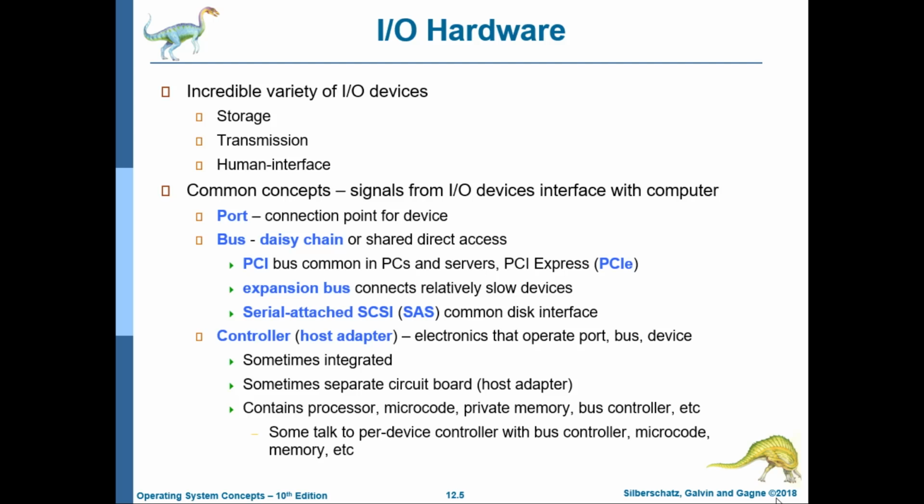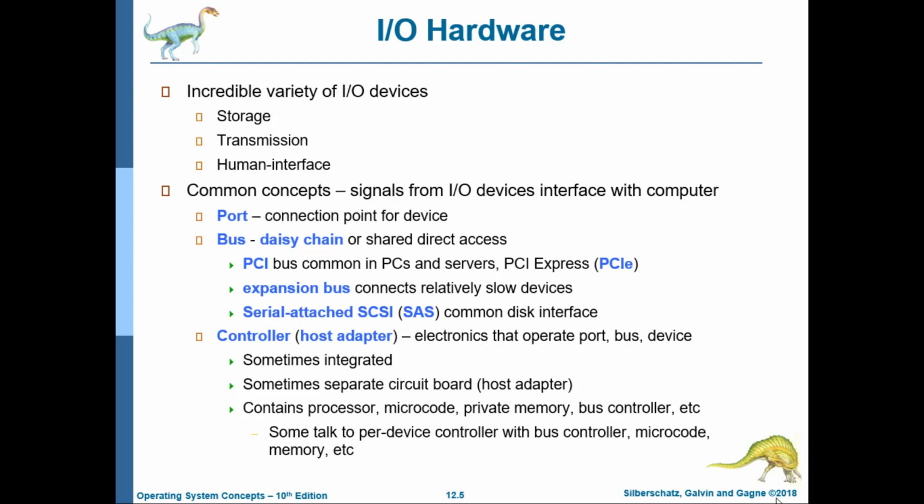And then we have a controller, also called the host adapter: electronics that operate the port, bus, and device. Sometimes the controller is integrated, meaning if you bought a motherboard, it is already there in the motherboard. Sometimes it is a separate circuit board, called the host adapter.